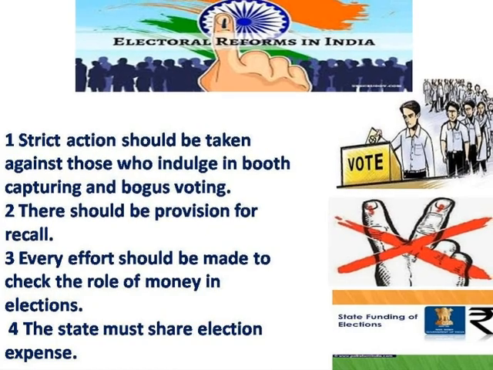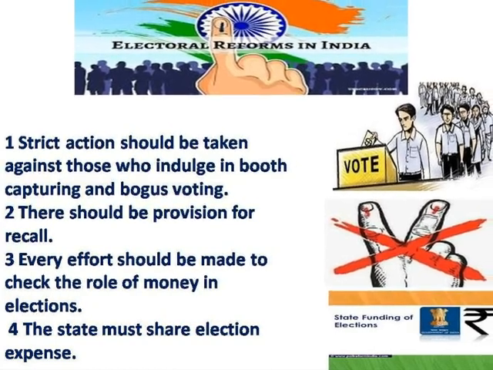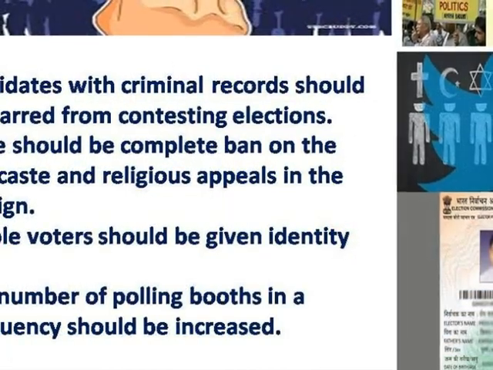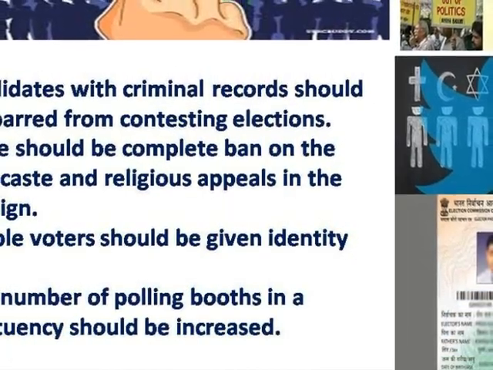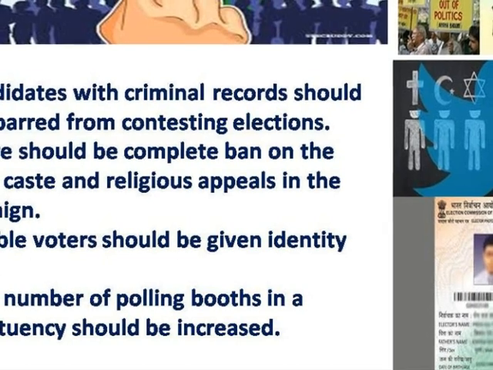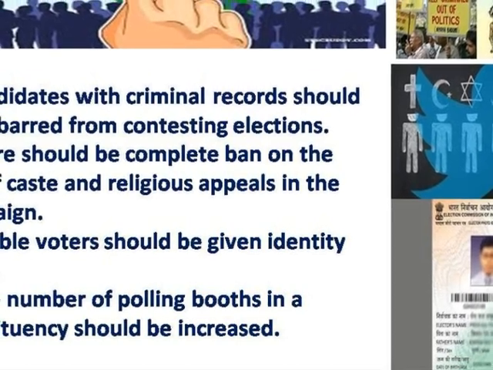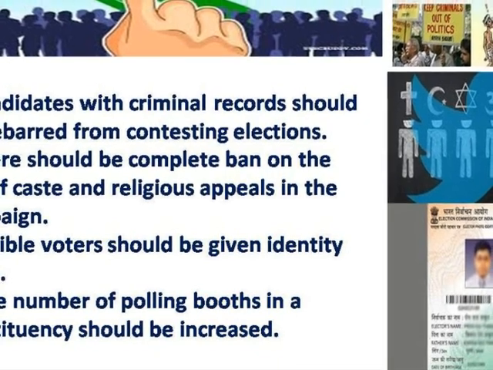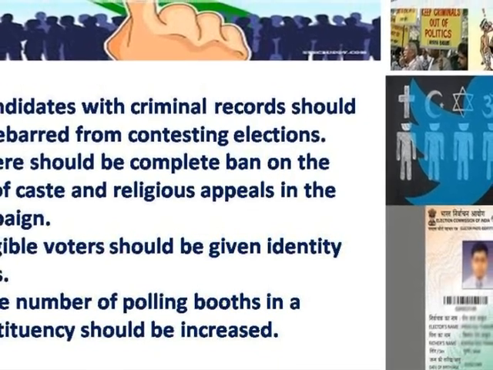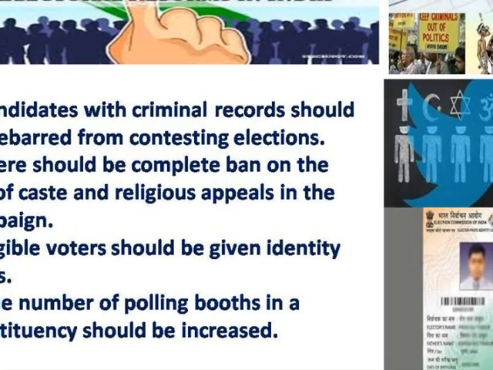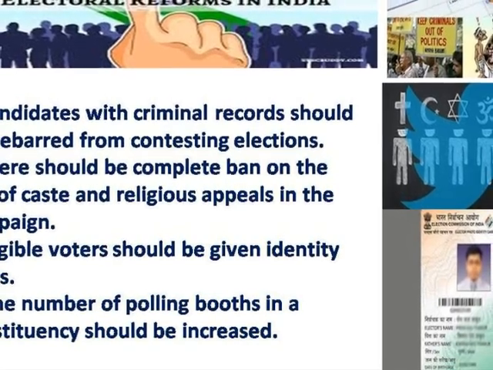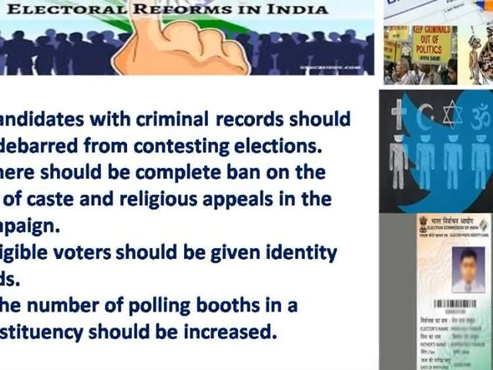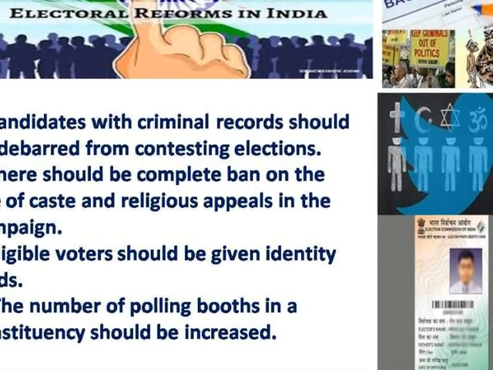The next very important point is that the state must share election expenses. Next, candidates with criminal records should be debarred from contesting elections, meaning criminals should not be allowed to contest elections. There should be a complete ban on the use of caste and religious appeals in the campaign. As we know very well, during elections, caste and religion play a very important role.